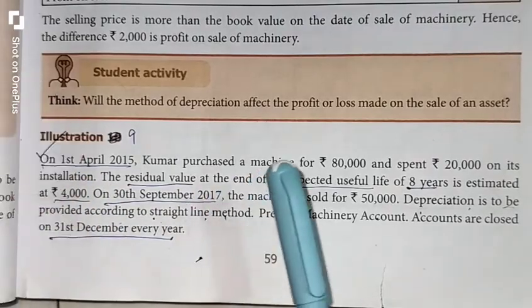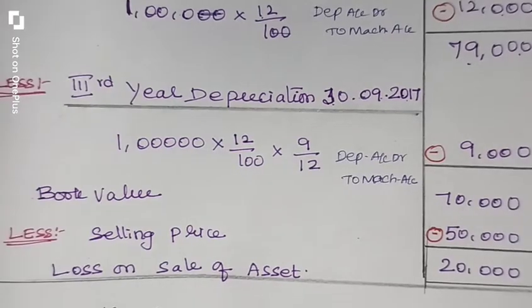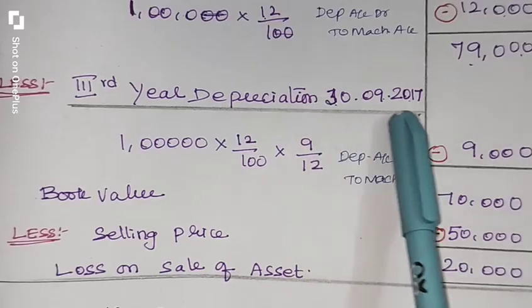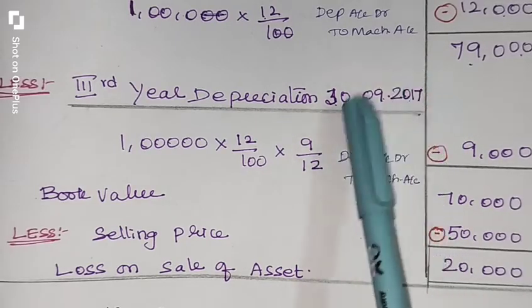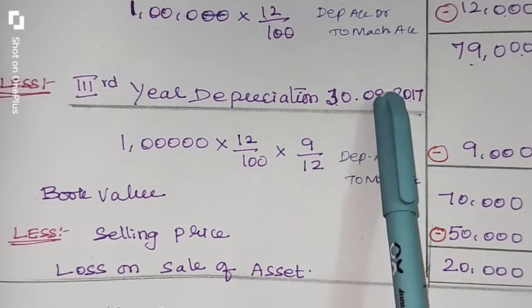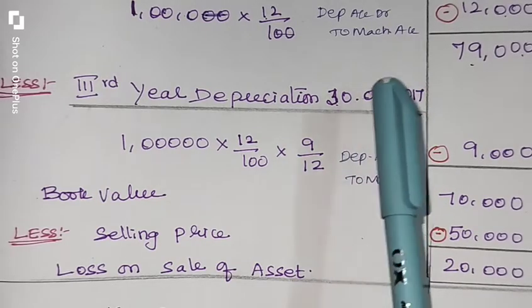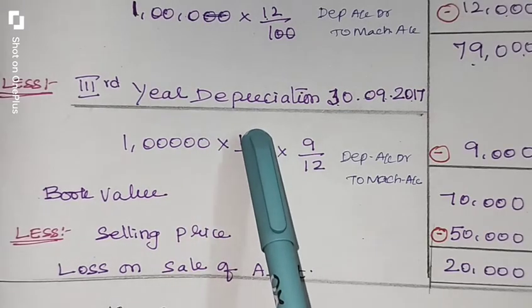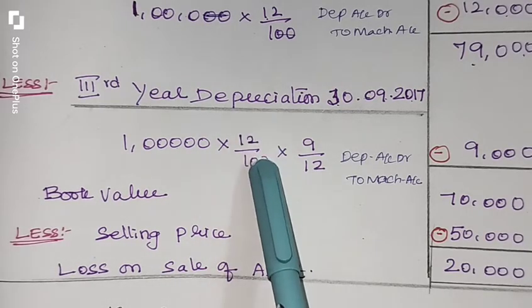So for the third year, the depreciation value is for 30/9/2017. 9 means September. Then we have to take the original cost and the depreciation rate, 12% into 9/12.